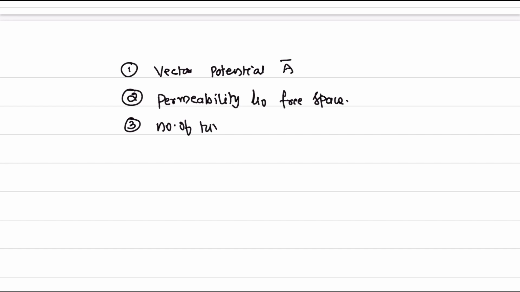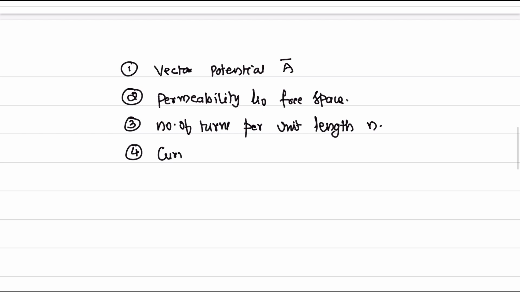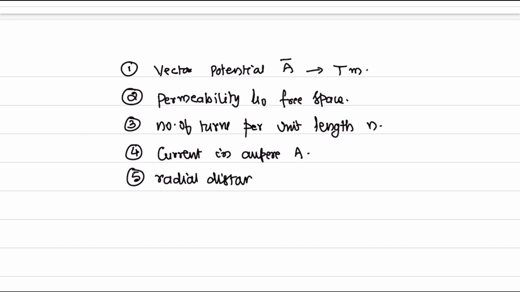Third is the number of turns per unit length, n. Fourth is current I in ampere A. Fifth is radial distance L. When you know all these five units and dimensions perfectly, only then can you solve the example I have given you.